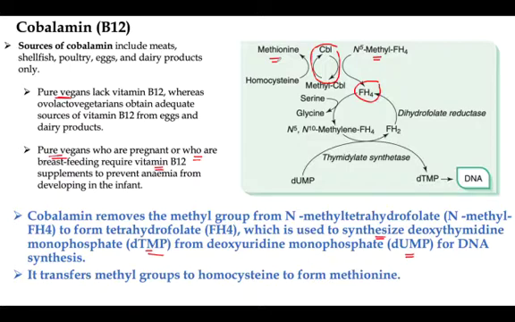But most importantly, if this conversion of homocysteine to methionine doesn't occur, there is a buildup of homocysteine in the body. Therefore, deficiency of cobalamin leads to homocysteine buildup, and homocysteine has been shown to be atherogenic in nature.